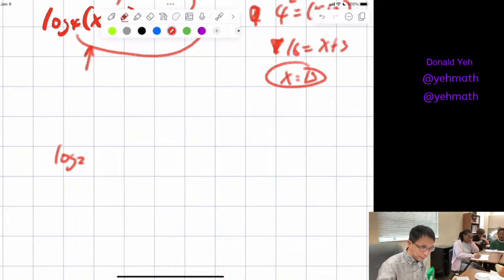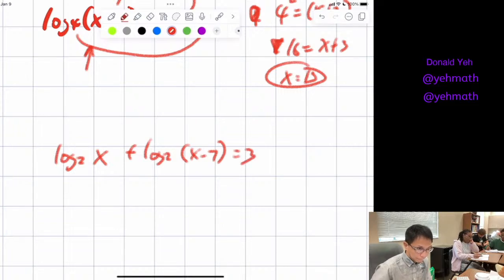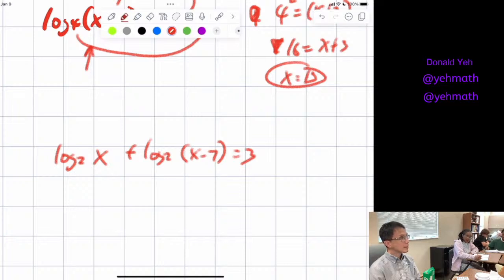How about this one? What can I do here? Raise your hand if you know.